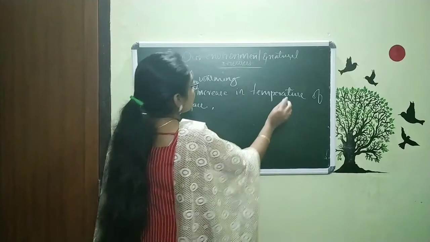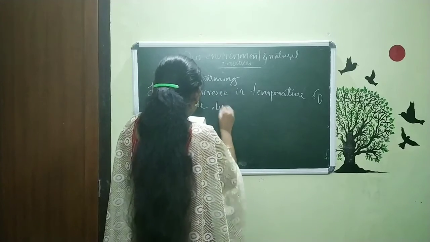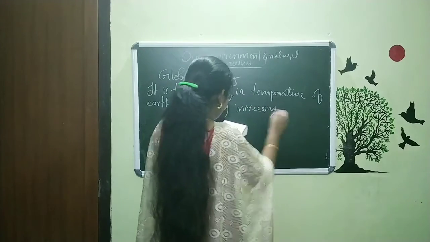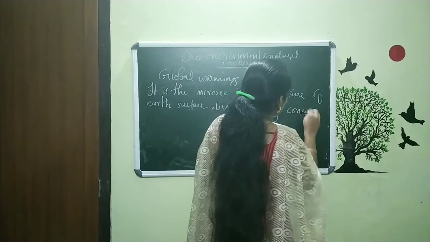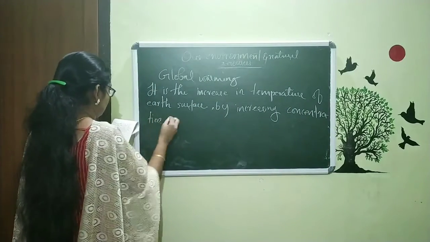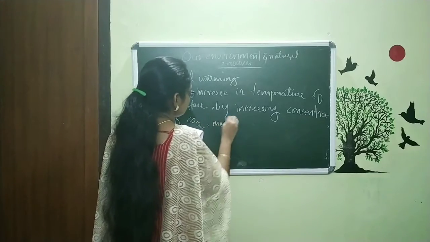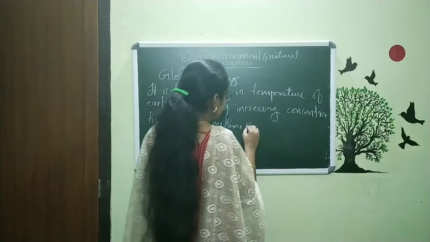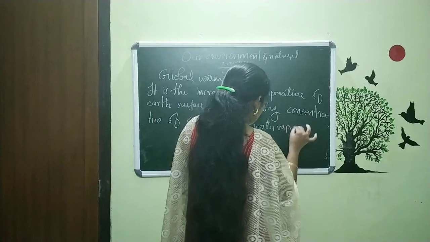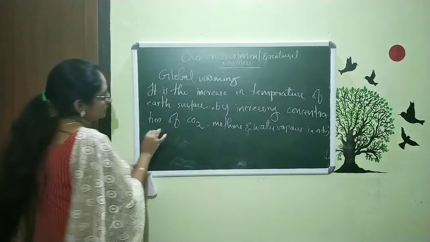The surface temperature of Earth increases by increasing concentration of carbon dioxide, methane, water vapors in the atmosphere, called global warming.